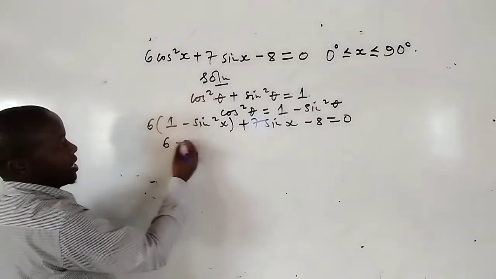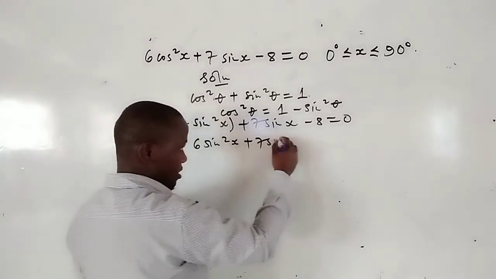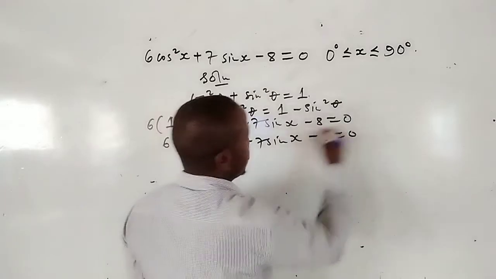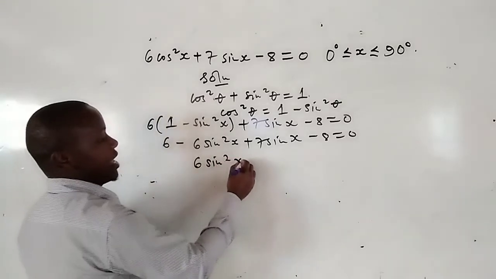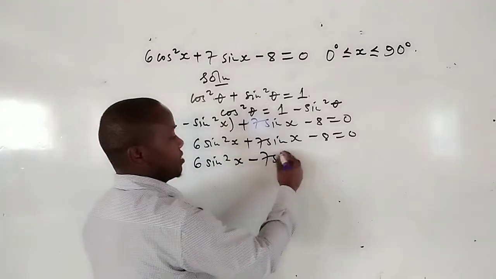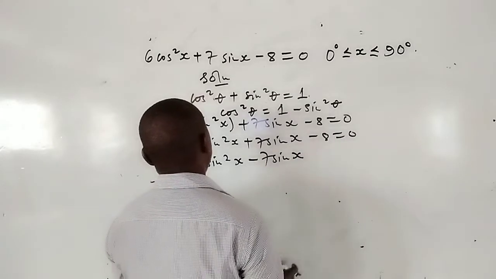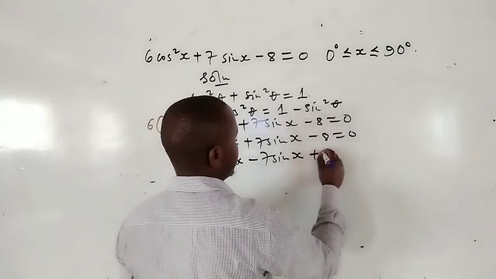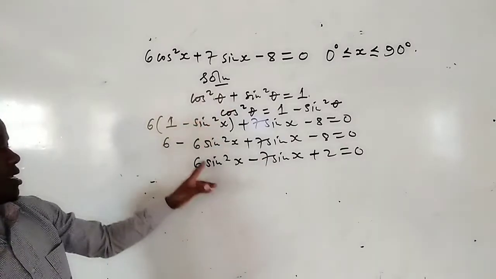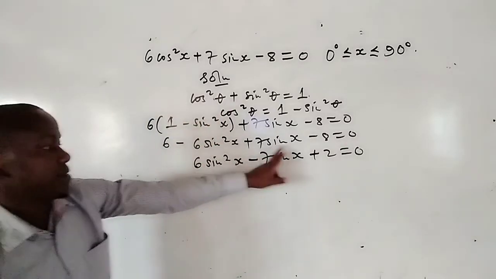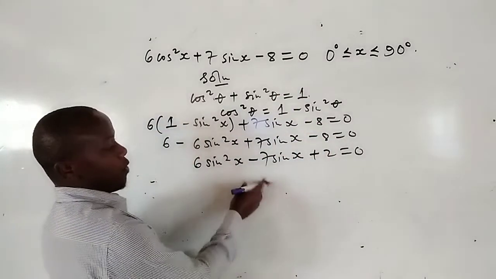So this is 6 minus 6 sine squared of x plus 7 sine of x minus 8 is equal to 0. So we can rearrange this and begin with 6 sine squared of x minus 7 sine x, then 8 minus 6 becomes 2, is equal to 0. We are bringing them to one side: it becomes a positive, it becomes a minus, it becomes a positive, then minus 6, so 2.